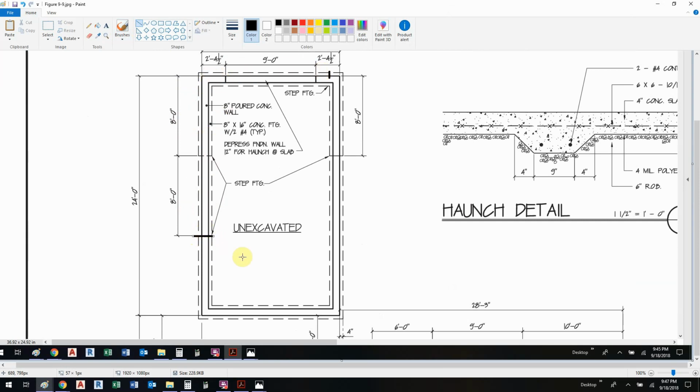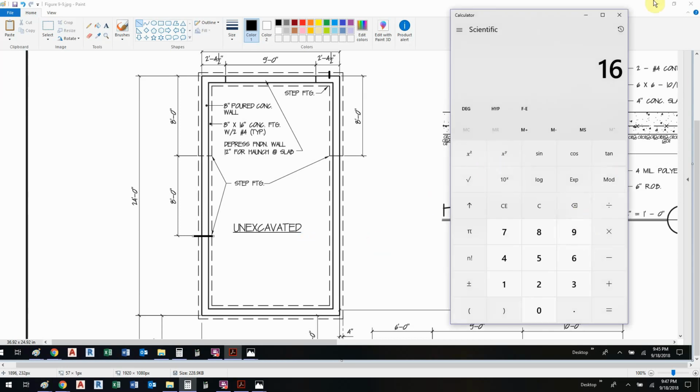Now, we said that we multiplied everything by 4. So 3 times 4, we got 12. That's here. 4 times 4 is 16, so that goes here. What's our other one? We said it was 3, 4, and 5, right? So 5 times 4, and that gives us 20.